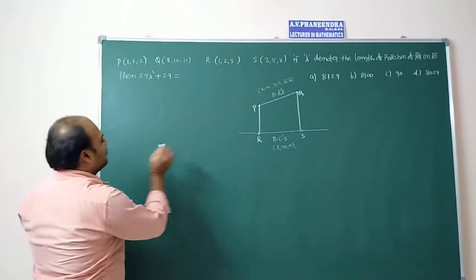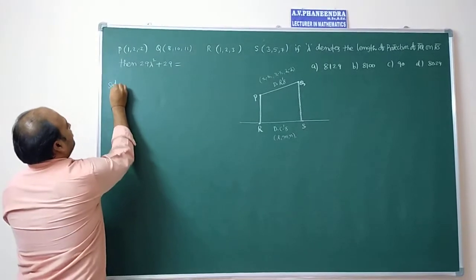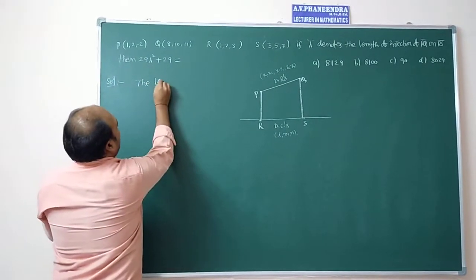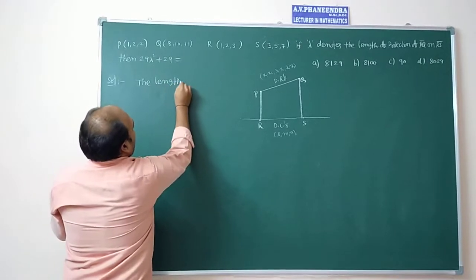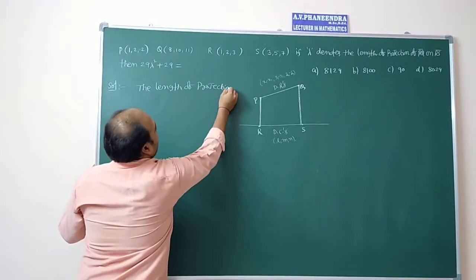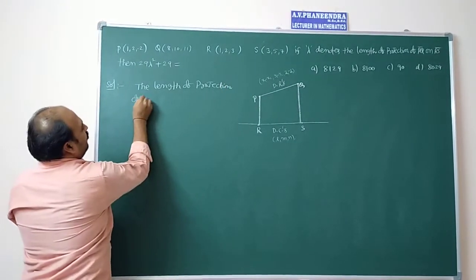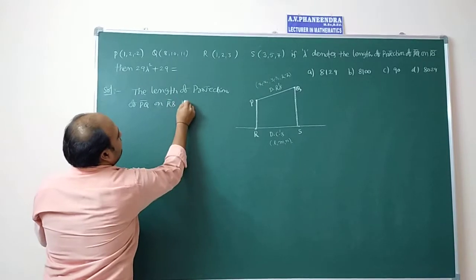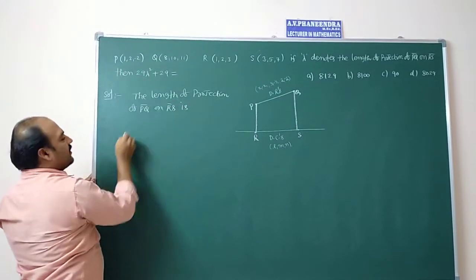So the first formula we have to write is: the length of projection of PQ on RS, that value is given as lambda.